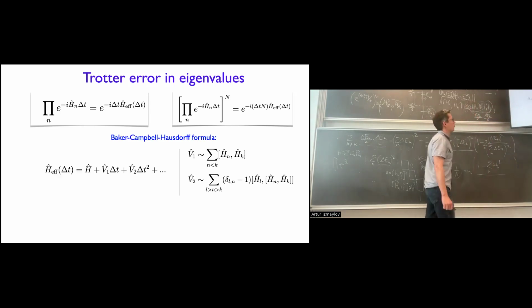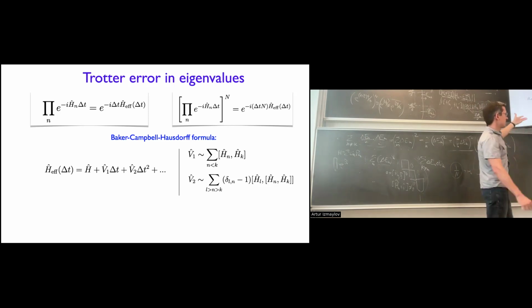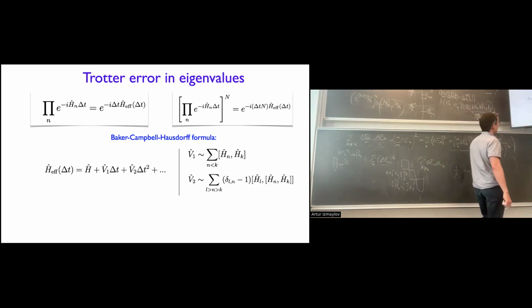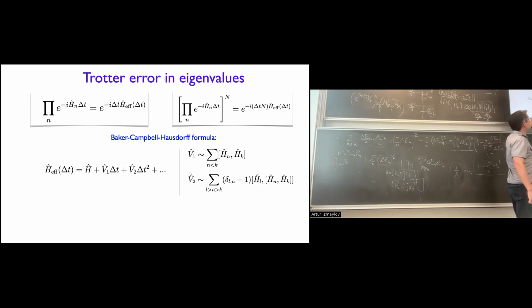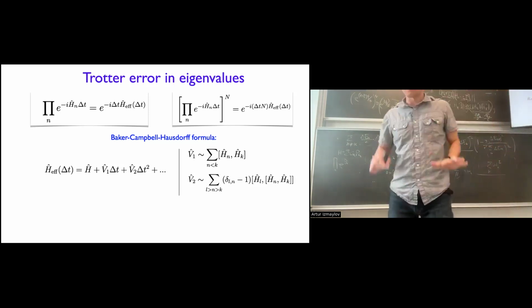But at least the first few terms in the effective Hamiltonian, especially if we have a parameter that we can make small, we can estimate. So this is the expression. First, we sum all the H_n's, and then we have commutators and then nested commutators, right? And things become more and more complicated in this effective Hamiltonian. But we have delta t, and if we make it small, then these higher, more complicated terms could be suppressed, right?